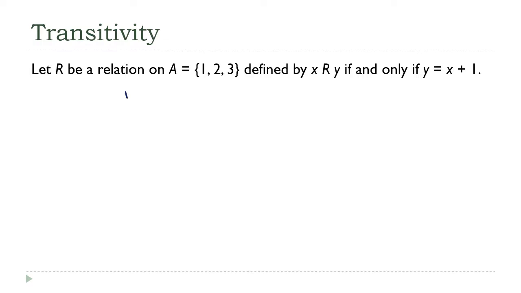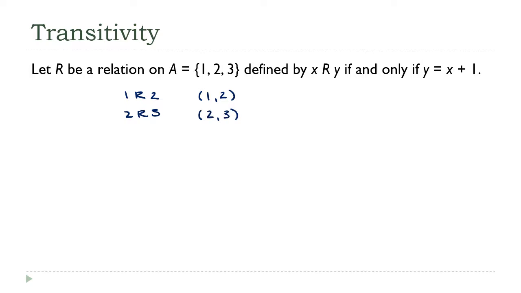We saw that 1 is related to 2, right? 1 plus 1 is 2. 2 is related to 3. I think those are the only 2 pairs in our relation. So the only 2 that we have here are (1, 2) and (2, 3).